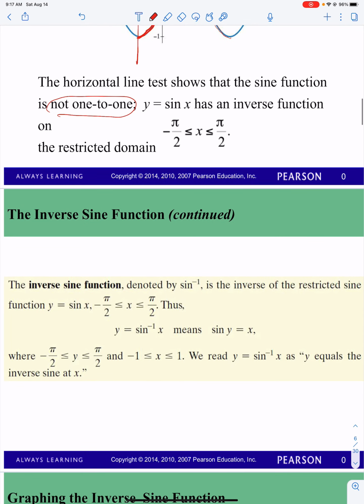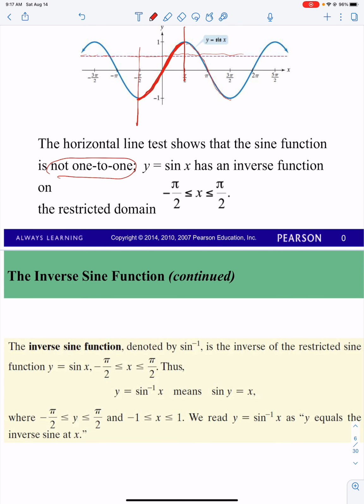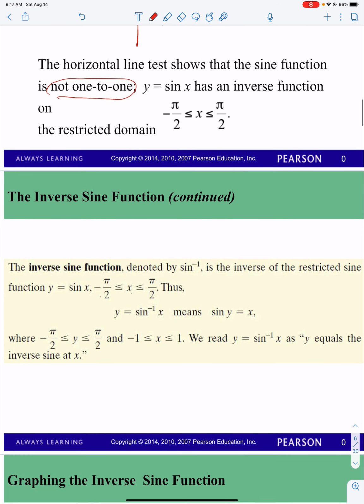So the inverse sine function. If we only choose that part, what will be the domain? For y equals sine x, the domain is -pi/2 to pi/2. What is the range? -1 to 1. Then similarly, what happens with y equals sine inverse x?